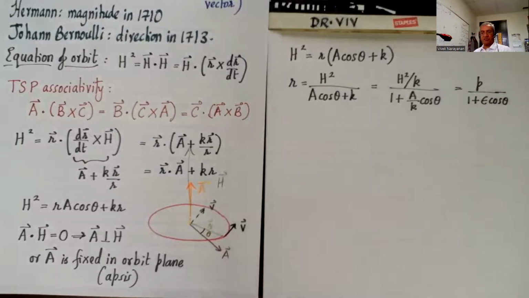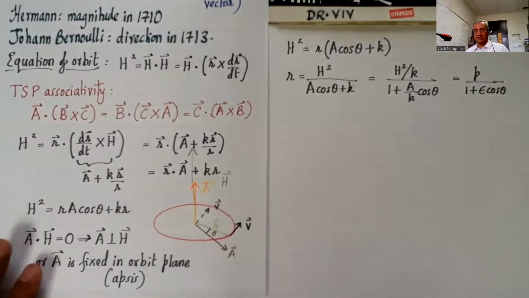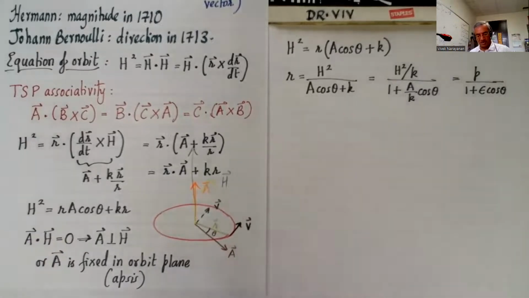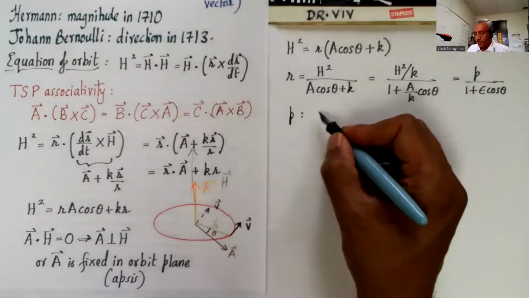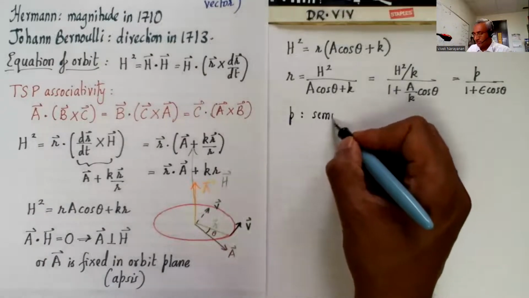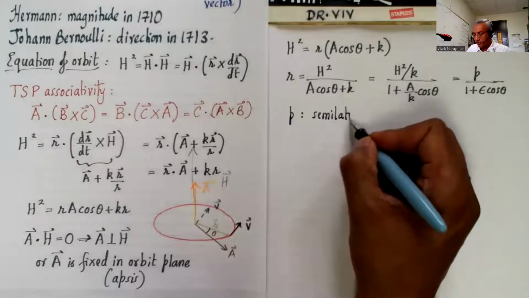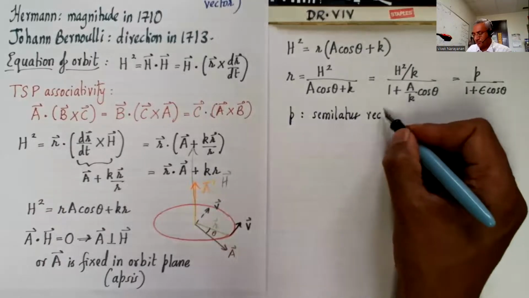Johann Bernoulli must have been so pleased to find this appearance for the equation of the orbit, because they knew enough geometry back then to realize that this was a conic section. Today, what we know in calculus, we have lost in geometry, so I need to describe these things carefully. P is known as the semi-latus rectum.